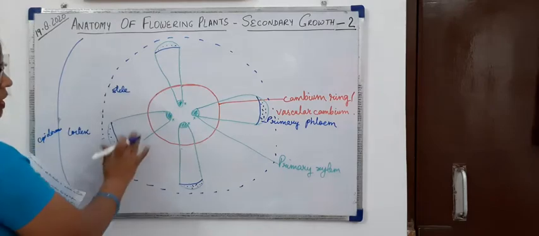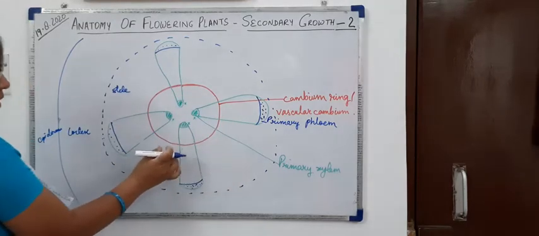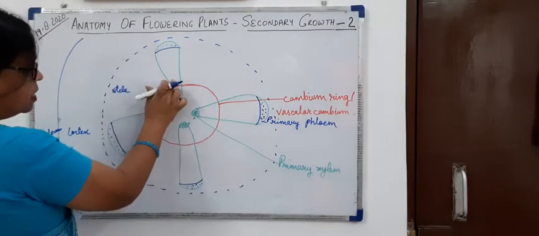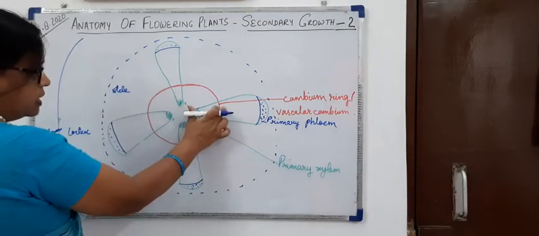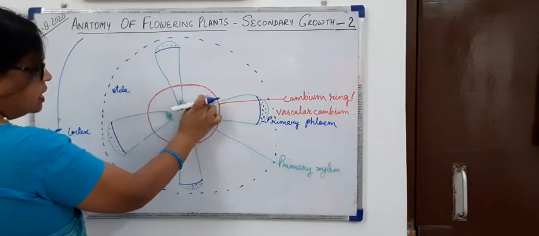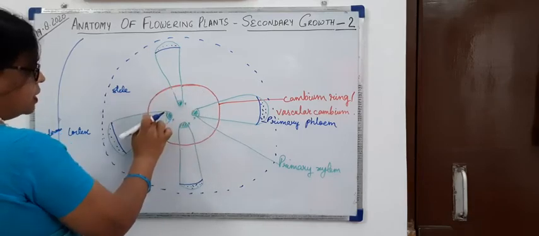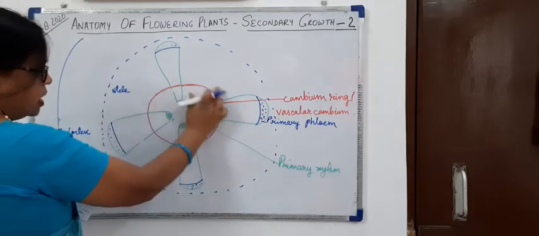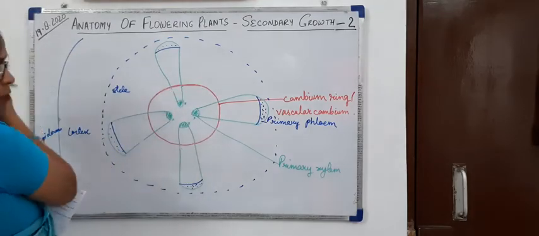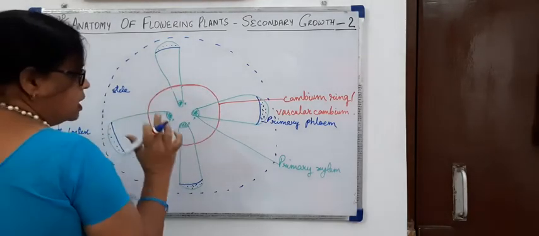In the stele there are the vascular bundles, and this was the primary cambium or interfascicular cambium. This is the interfascicular cambium. This is the intrafascicular cambium. They united, or fused, to form the vascular cambium.